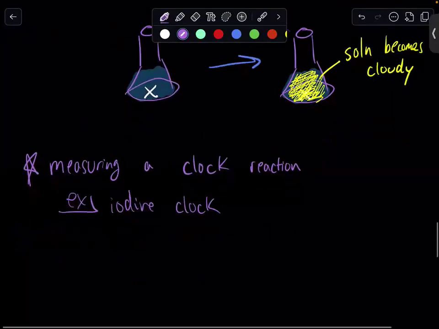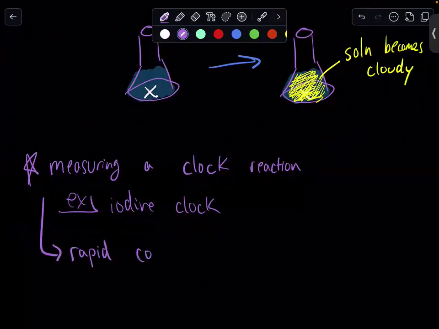What this actually is is a rapid color change. So this is once again a color change reaction, but it's a rapid color change which occurs after a delay. And that would be due to a mixture of reactants.